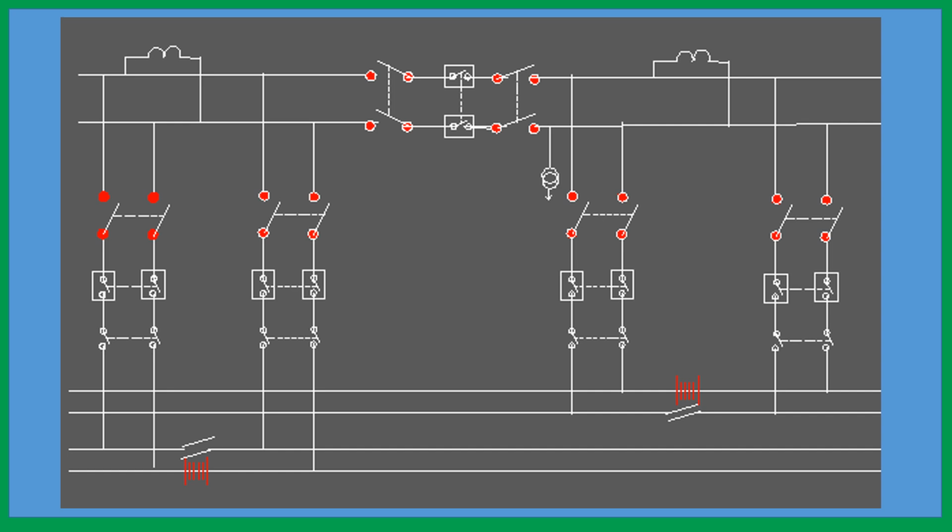So after doing all this SP and SSP modification between two consecutive TSS, traction substations, of 1B, that means the first TSS will be on the right side and the second TSS will be on the left side.